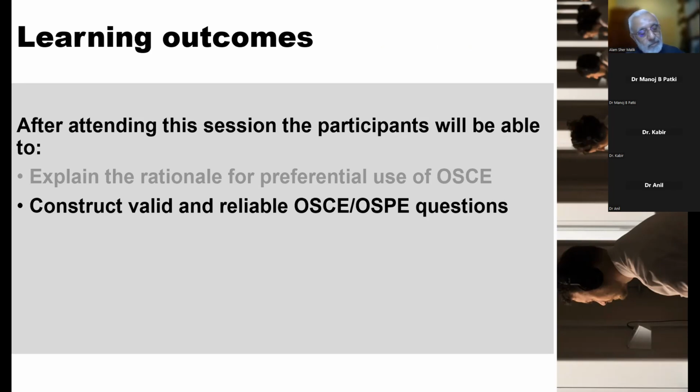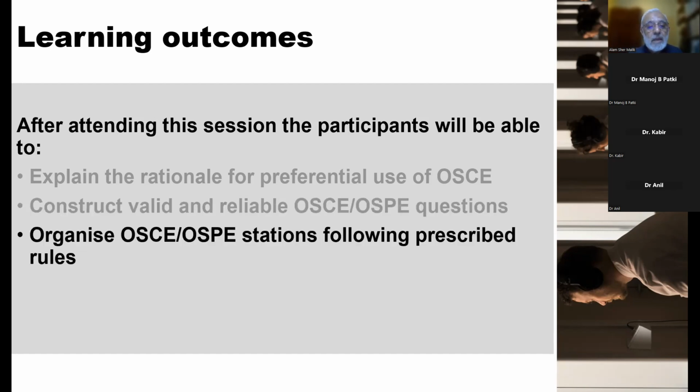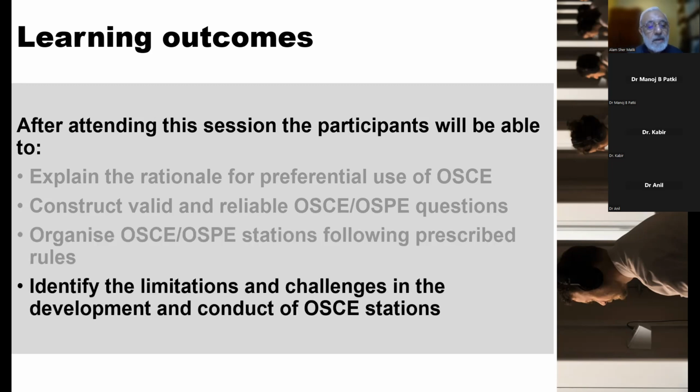So with the hands-on session, inshallah, we'll be able to construct valid and reliable OSCE stations. Then organizing the OSCE stations following the prescribed rules. And finally, identifying the limitations and challenges in the development and conduct of OSCE stations.